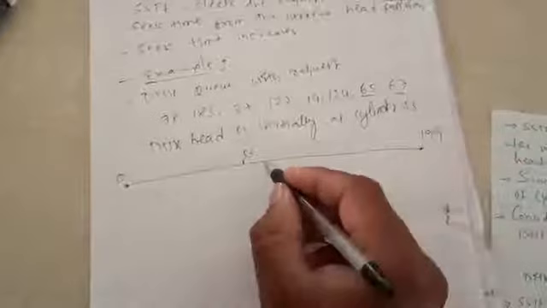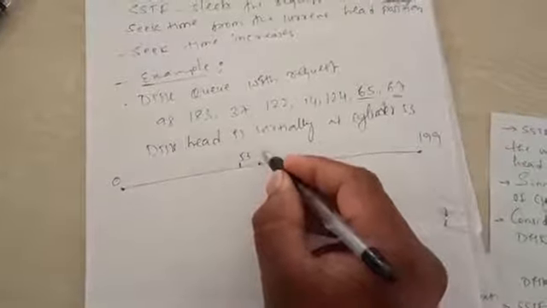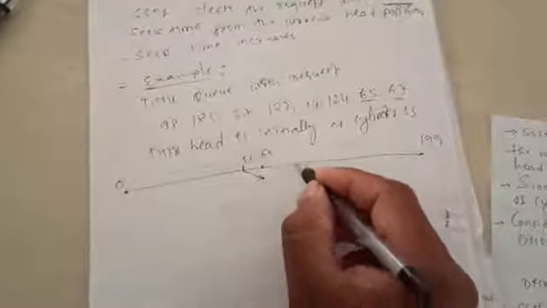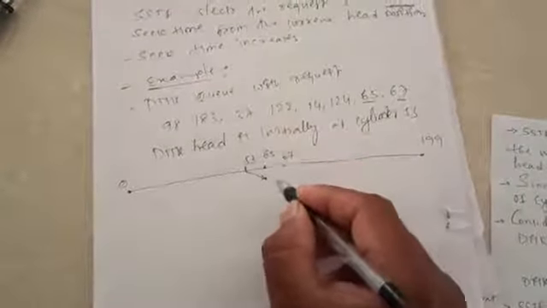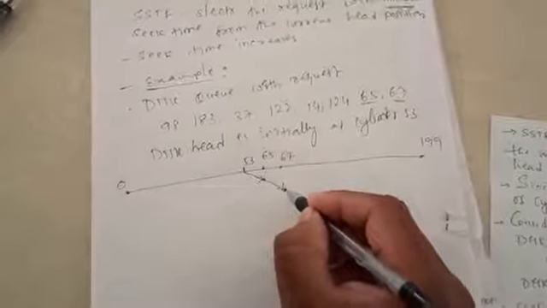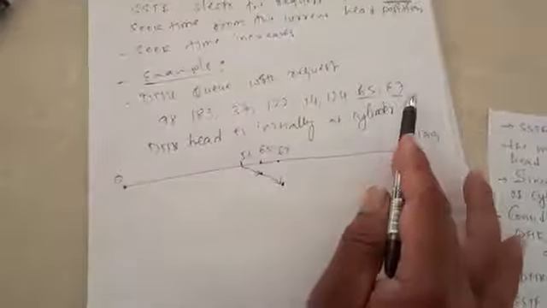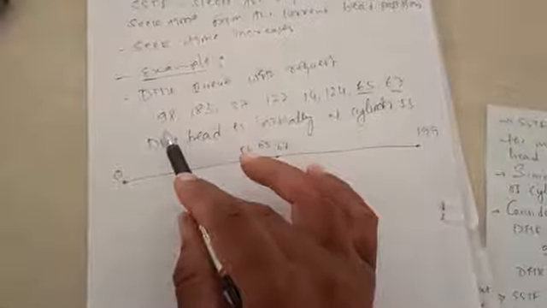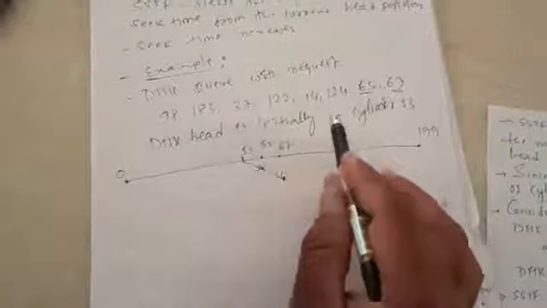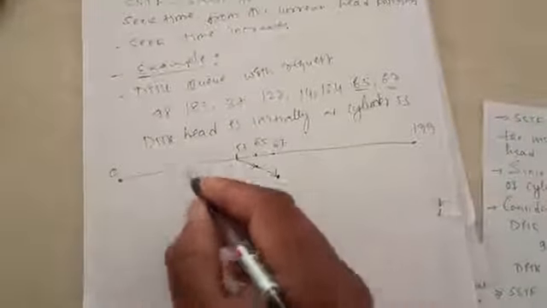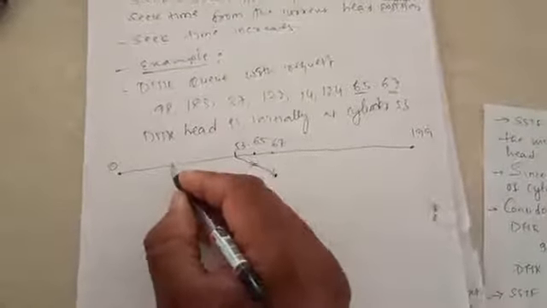The first request that SSTF is going to service is 65. Next, the closest to 65 is 67, and it will be serviced here. After that, which one is closer to 67? 14 or 37? Not 14 here, it is 37.